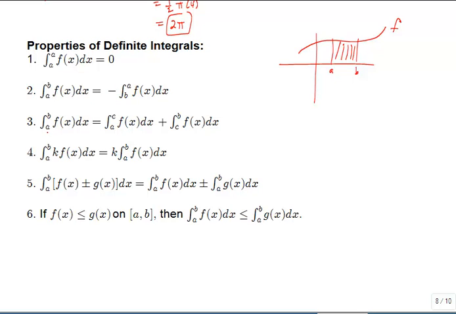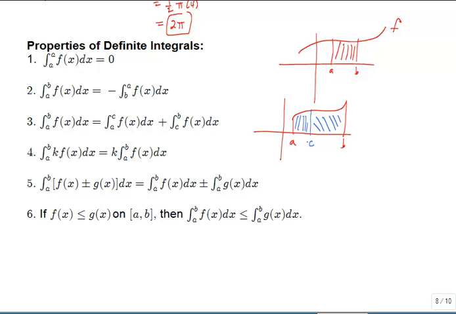The next example here says the integral from a to b is the same as the integral from a to c plus the integral from c to b. So this one, again, is very geometric. It's saying that the area from a to b, that whole integral, that whole area, can be thought of as the area from a to c plus the area from c to b.